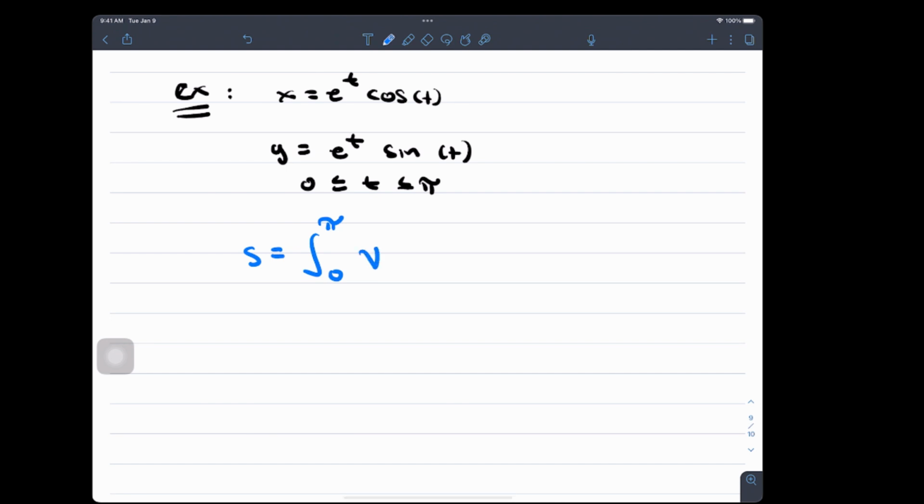Those are the two values. Sometimes I just put x prime squared plus y prime squared, all under the radical dt. Very, very simple formula. But like I said, because you're trying to integrate a square root, very specially chosen questions. Don't try to make anything up and try to think you're going to integrate it. You're not going to be able to.